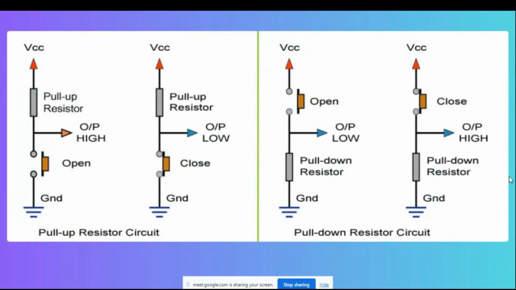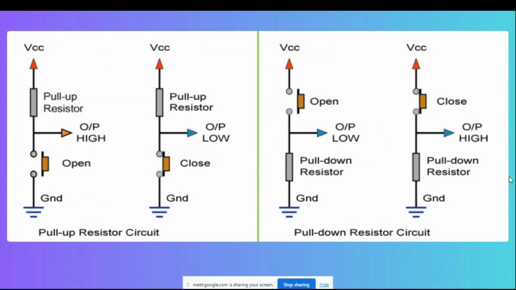And also there are 2 types of push buttons: pull up push buttons or pull down push buttons. The resistor also works the same way as the push button. The difference between pull up and pull down is this: in the pull up resistors or pull up push buttons, when the button is not pressed, it is having the digital state as high. Output is high when the button is not pressed.